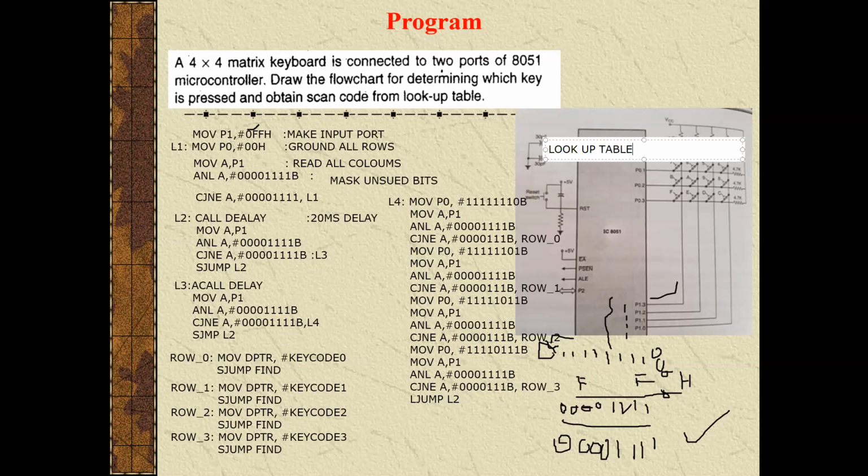In that table, we have stored the values for key code 0, which has its starting address. This is the address. And at that particular row, what data will be stored? This data will be stored.